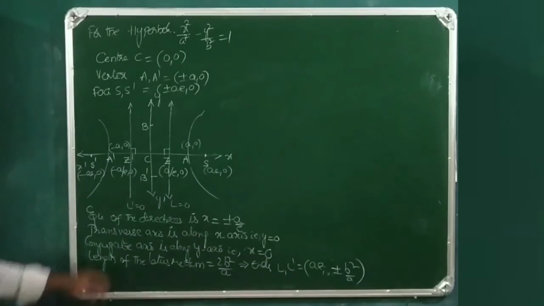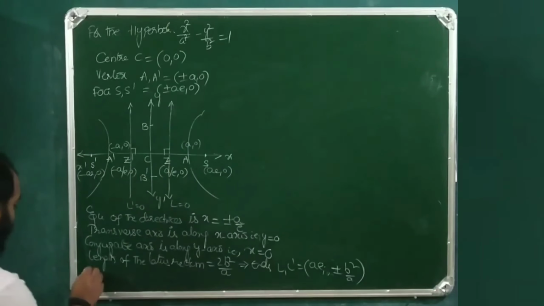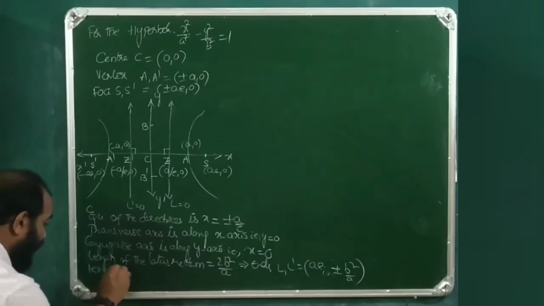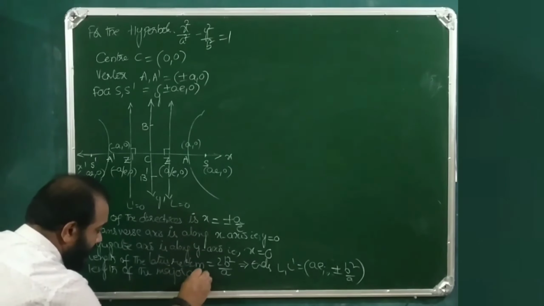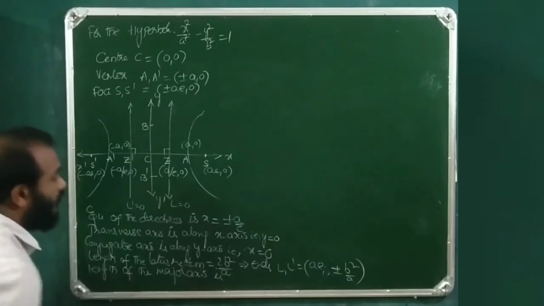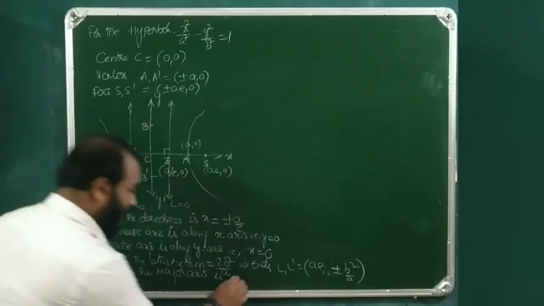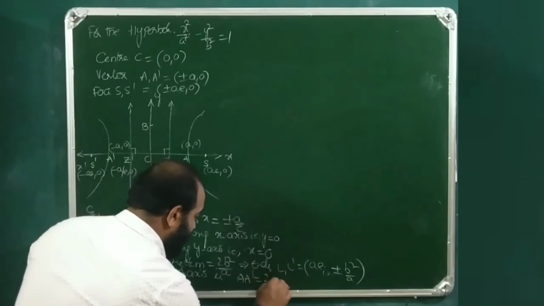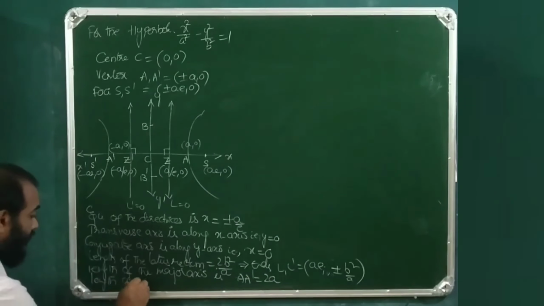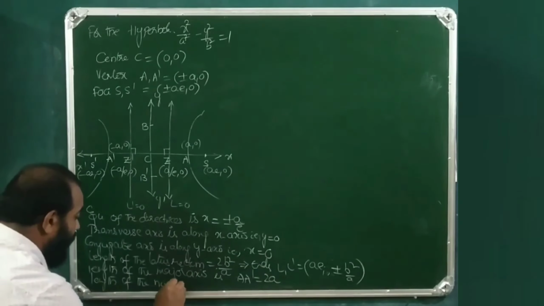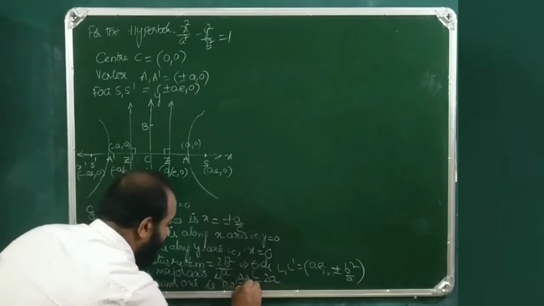Now, the length of the major axis is CA plus CA dash. So AA dash, which is equals to 2A. Length of the minor axis is BB dash, which is equals to 2B.